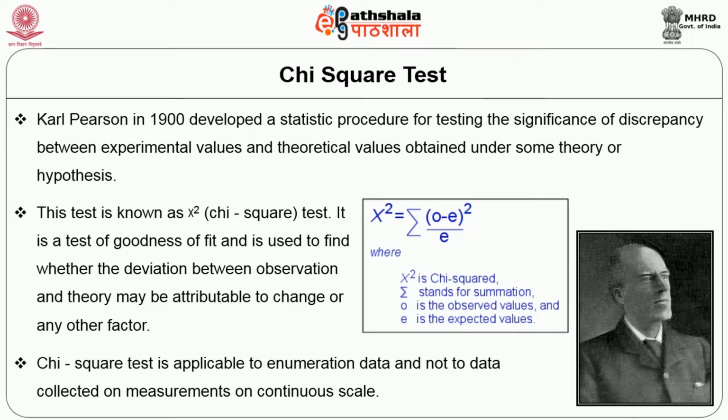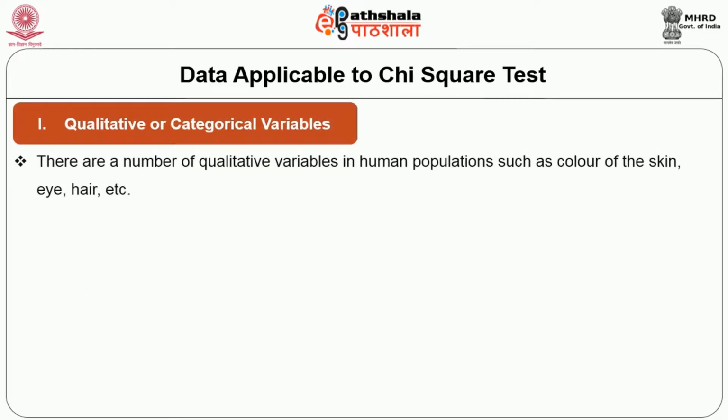Chi-square test is applicable to enumeration data and not to data collected on measurement of a continuous scale. The data applicable to chi-square: first one, qualitative and categorical variables.